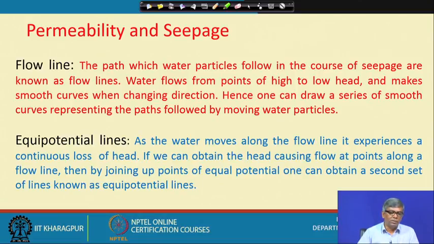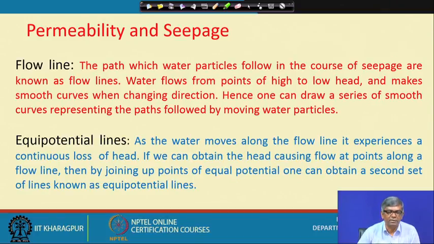So, for that we generally use a flow net, and a flow net is a combination of lines, where one set of lines is the flow lines and another set of lines is called equipotential lines. So, what is a flow line? A flow line is the path which water particles follow in the course of seepage.